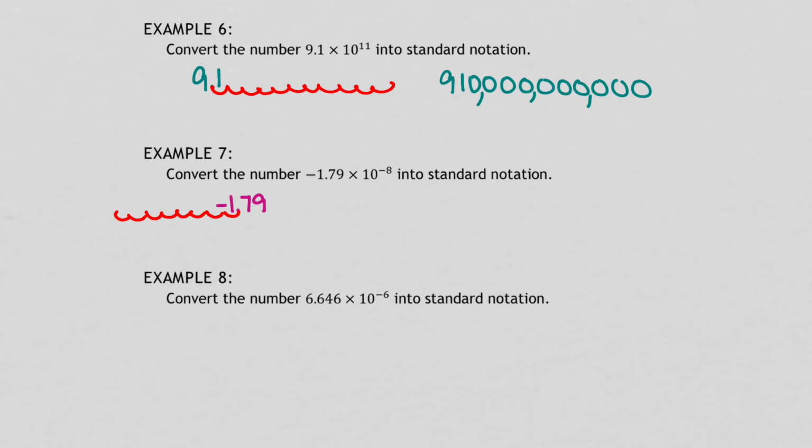Again, I do this by just counting it out. Negative 0 point and then start counting. 1, 2, 3, 4, 5, 6, 7, 8. The 1 will go in that 8th spot. And then 7, 9.